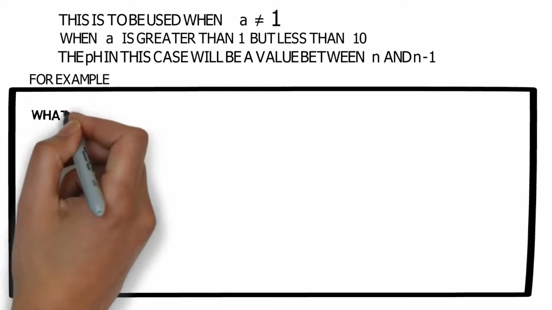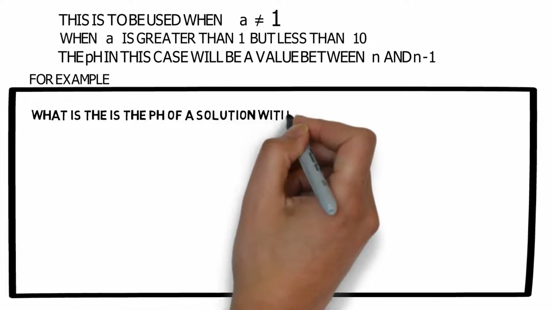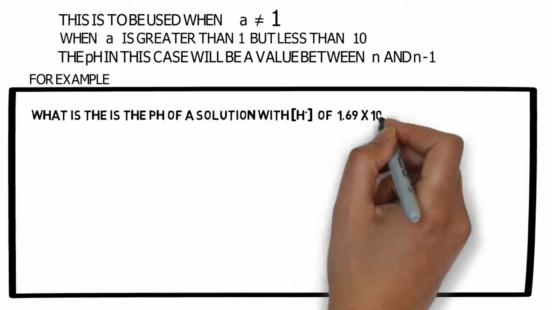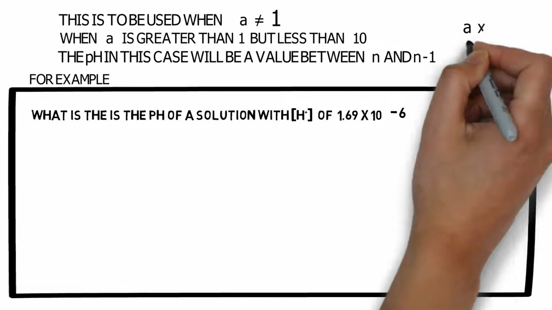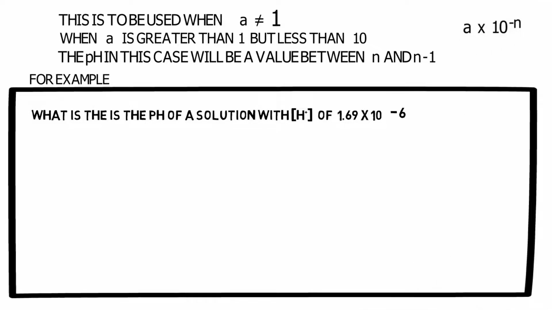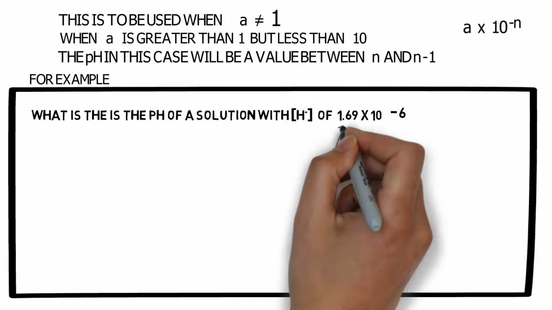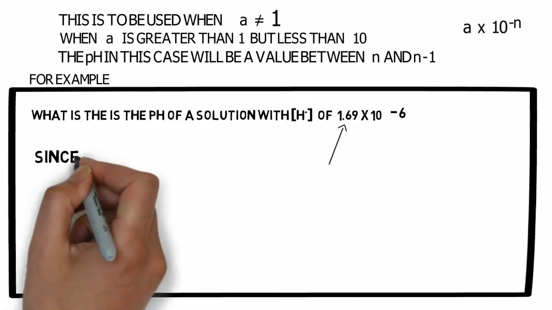For this example, what is the pH of a solution with hydrogen ion concentration of 1.69 times 10 raised to the power minus 6? Now we remember our expression A times 10 raised to the power minus n, and we can see here that our A is represented by 1.69.